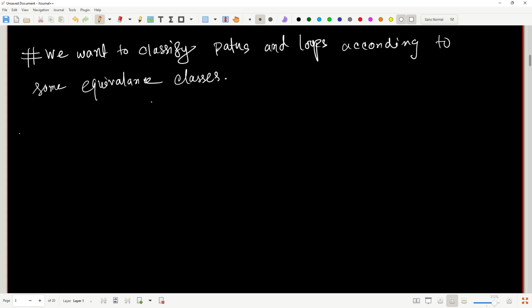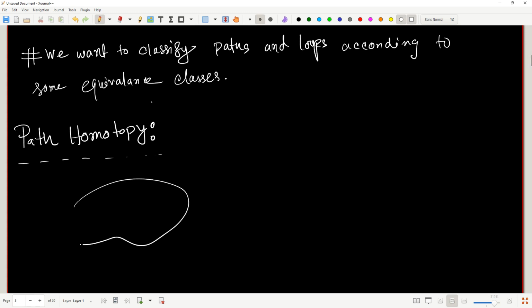With that in mind, let us talk about path homotopy. We say that a space is path connected if, for two points in a topological space X, belonging to this capital X, there's a smooth path like this from one to another.